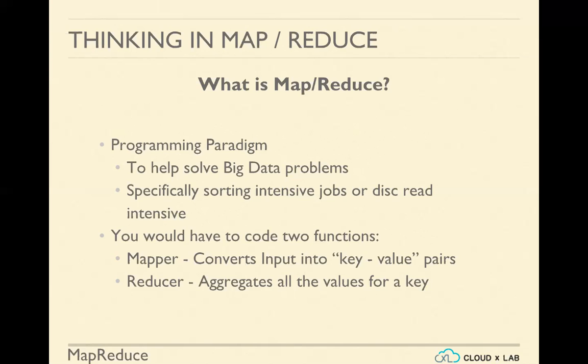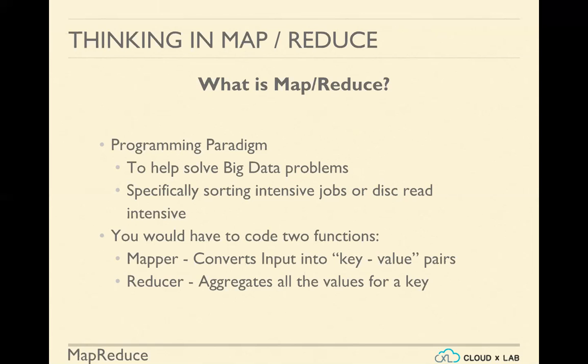So the mapper prepares the data for Hadoop, and Hadoop groups the data given by the mapper based on the key specified by the mapper, and then it is sent to the reducer.